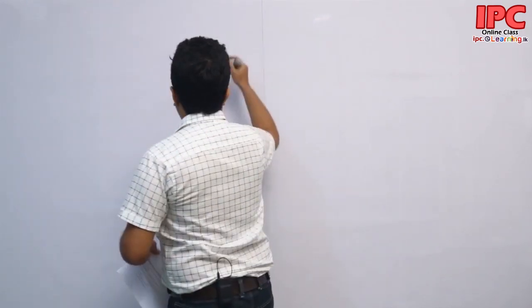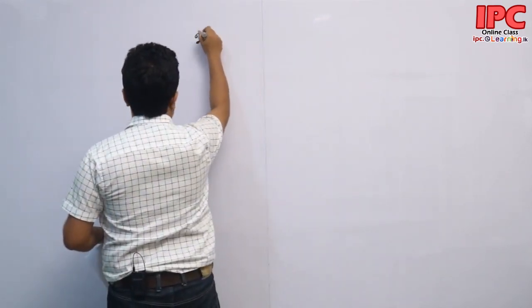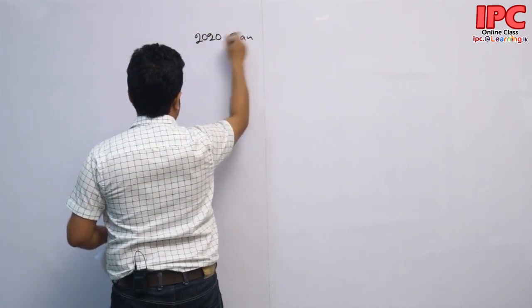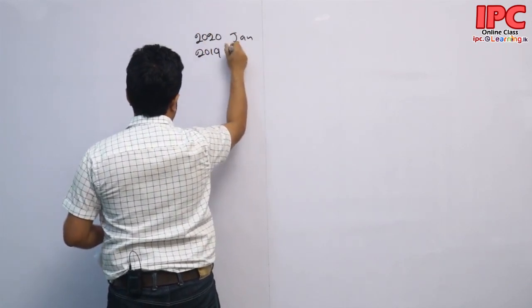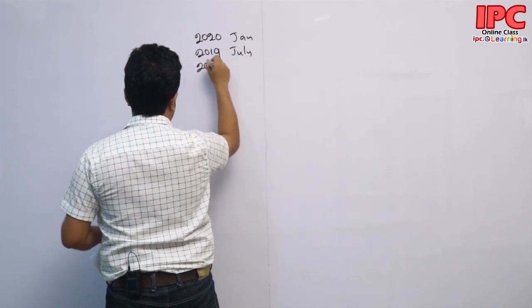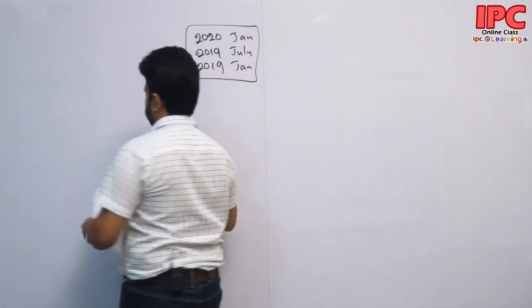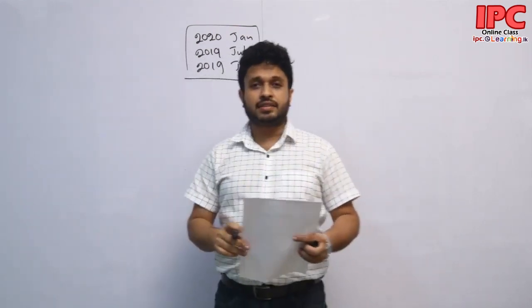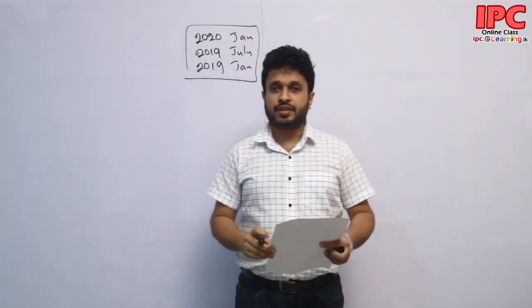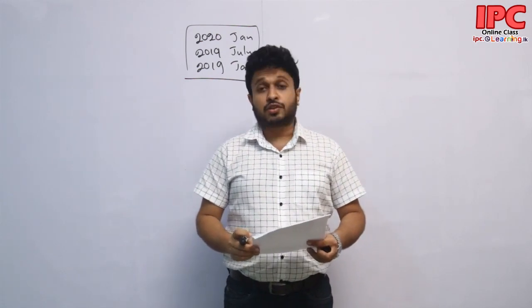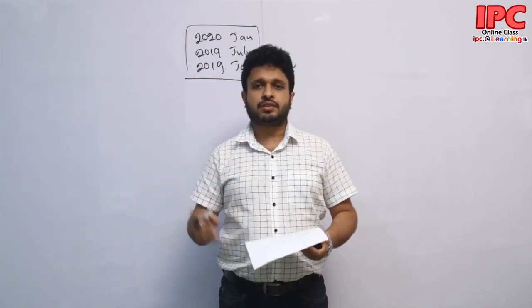So the second chapter, Chapter 2, financial mathematics for business. We are taking the questions from past papers in 2020 January, 2019 July and 2019 January. We are taking these three past papers and discussing the questions we come across under each and every subject topic.